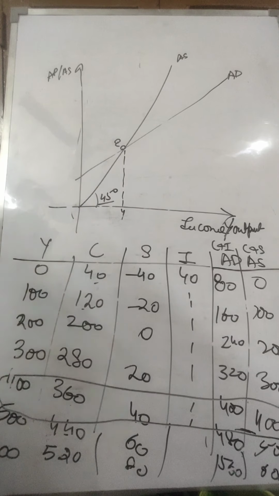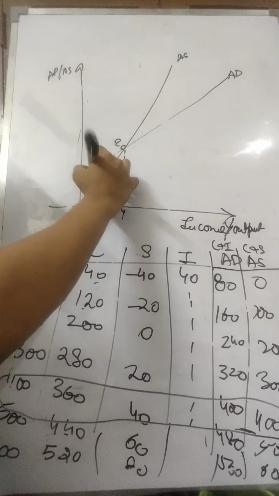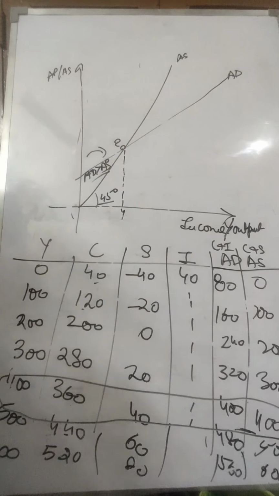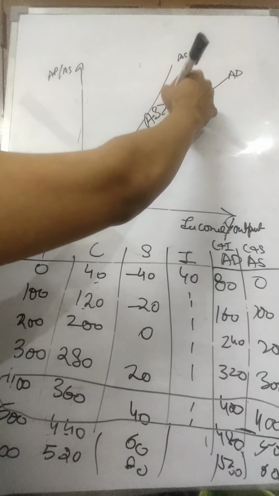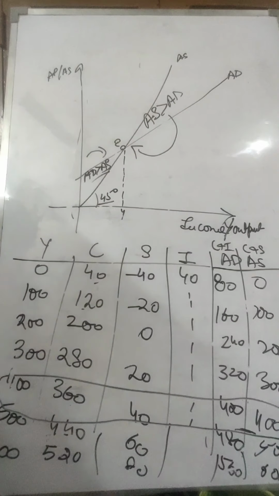Now next step, you will have to explain what happens when your aggregate demand is greater than aggregate supply, how you will come on to equilibrium, and then what happens when aggregate supply is greater than aggregate demand, and how you will come back again to equilibrium. Whenever your aggregate demand is much more than aggregate supply, that means you are somewhere here.